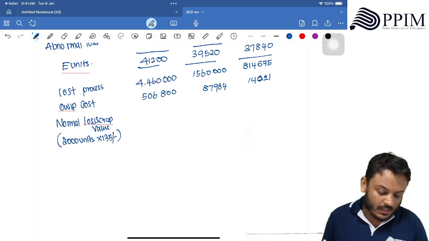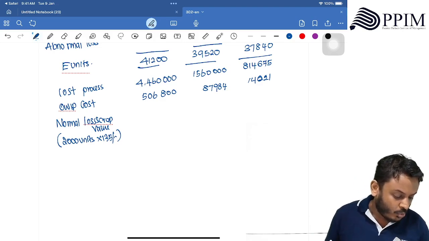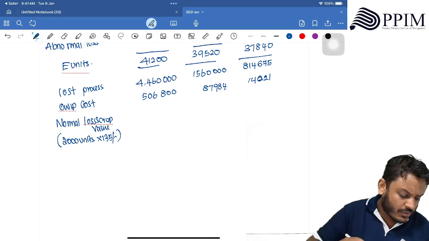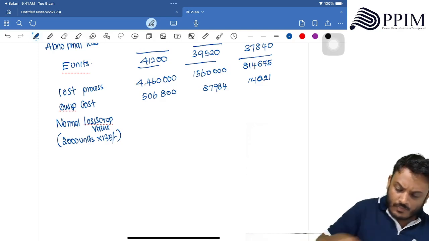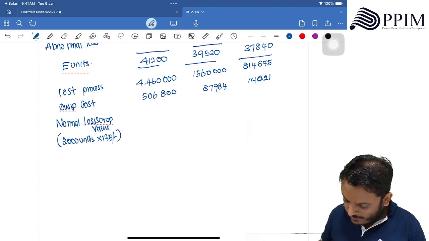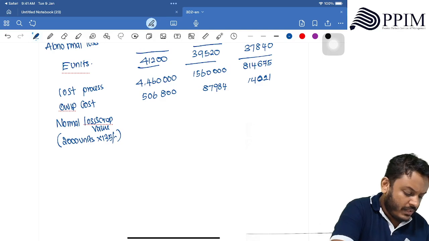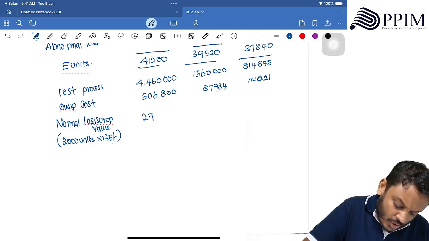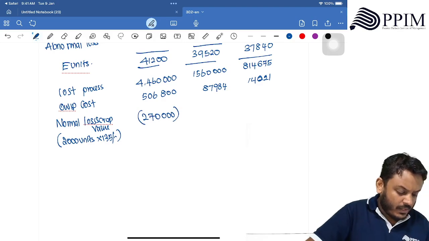So 135 multiplied by 2,000 equals 270,000. Your material cost will reduce.